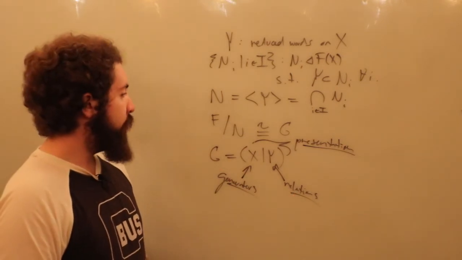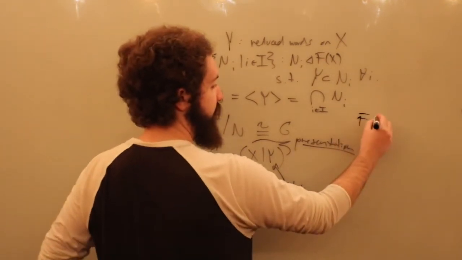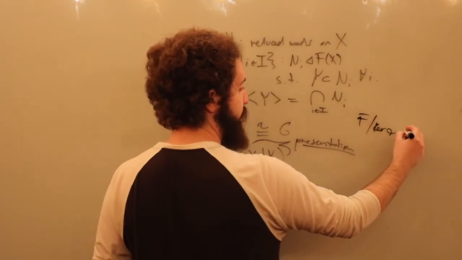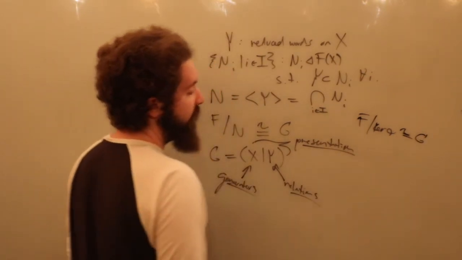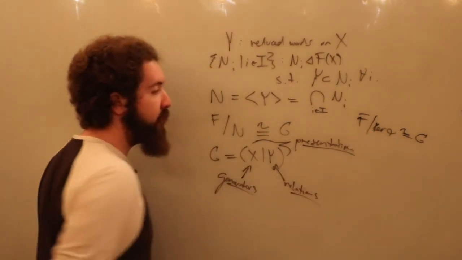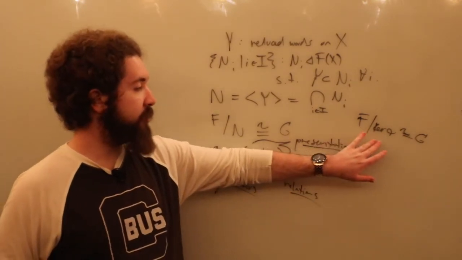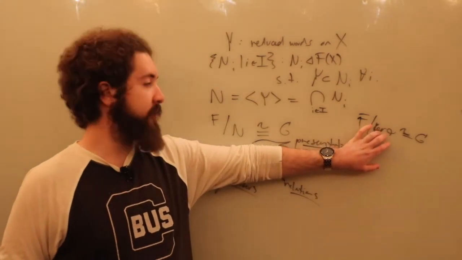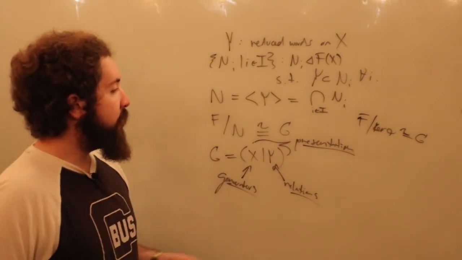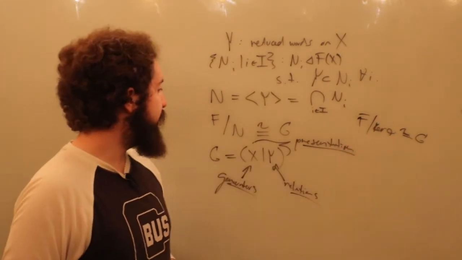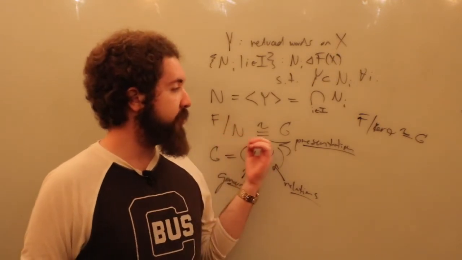Well, recall that what we had here before we put the N, we had F quotient the kernel of alpha is isomorphic to G. And so we were looking for an appropriate kernel, a kernel of a certain map, such that F quotiented by the kernel, and recall that the kernel is always a normal subgroup, is isomorphic to our target here. So there's going to be a homomorphism that takes elements from the free group and maps them to what?